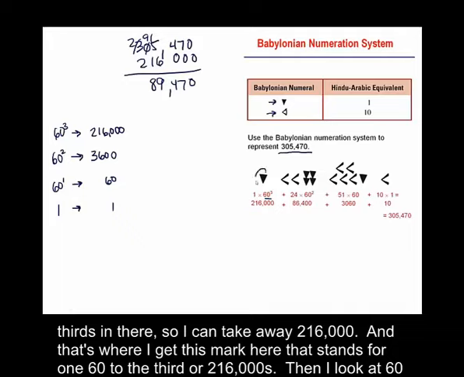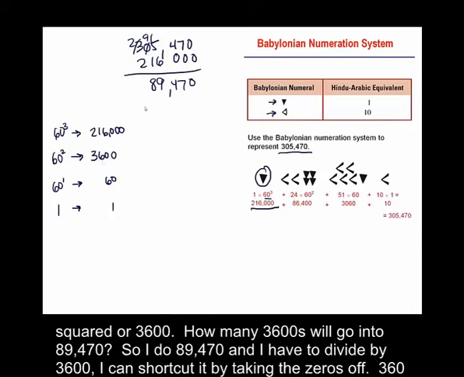And that's where I get this mark here. That stands for 1 60 to the third, or 216,000. Then I look at 60 squared, 3,600. How many 3,600s will go into 89,470? So I do 89,470 and I have to divide by 3,600.